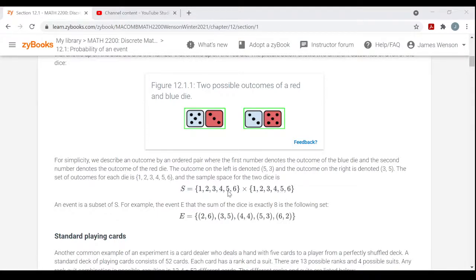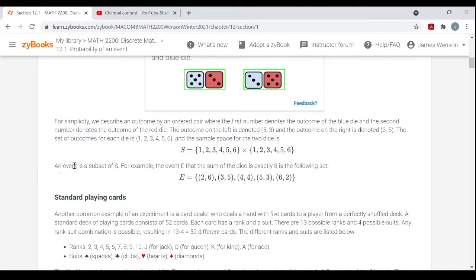Remember, a Cartesian product of two sets forms all these ordered pairs. So you'd have (1,1), (1,2), (1,3), (1,4), (1,5), (1,6), (2,1), (2,2), (2,3), (2,4), (2,5), (2,6), (3,1), and so on, all the way up to (6,6). That's called the sample space, the set of all possible outcomes.